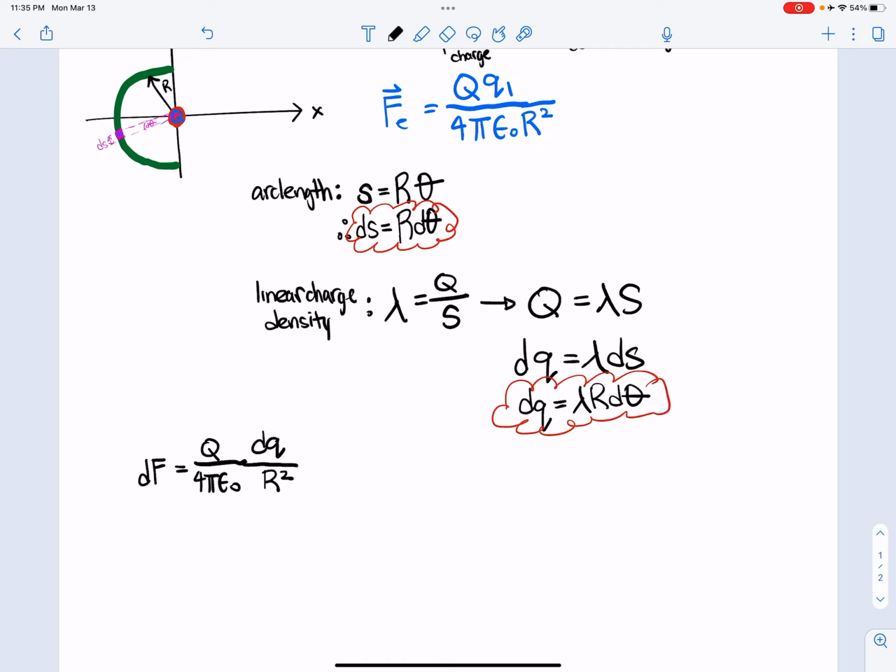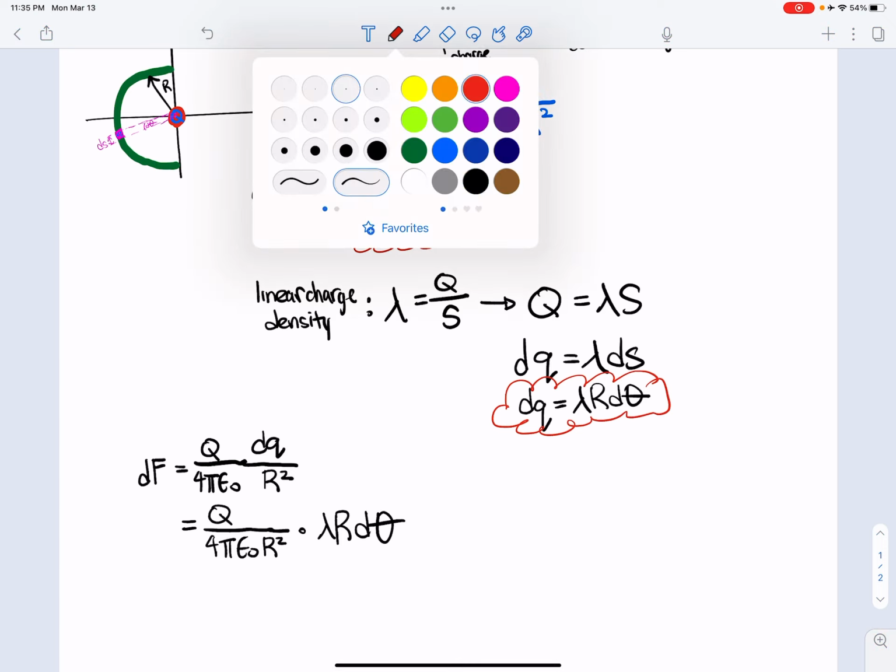And now I'll substitute the dq that I've solved for here. So that would be equal to q over 4 pi epsilon naught r squared times lambda r d theta. Okay, so I can cancel some stuff out.